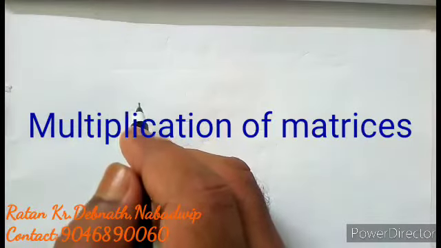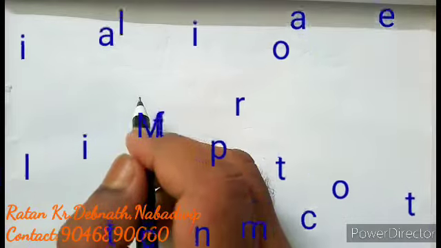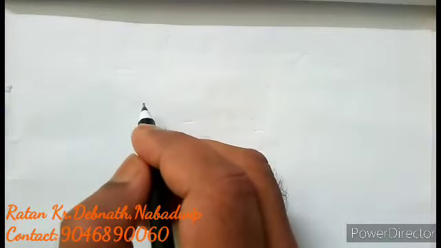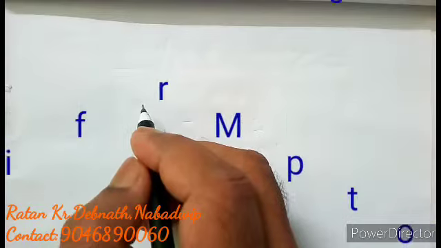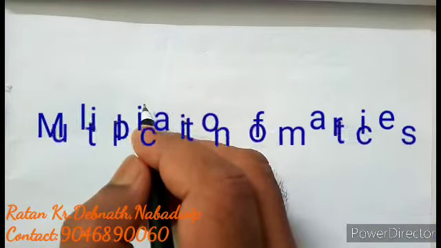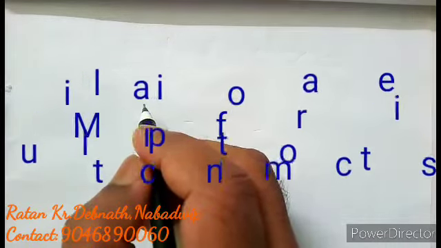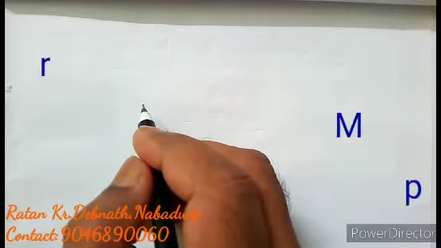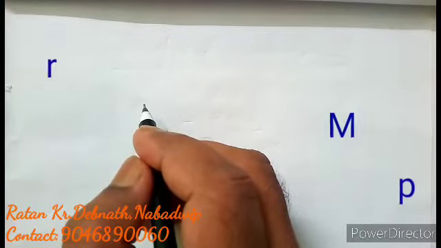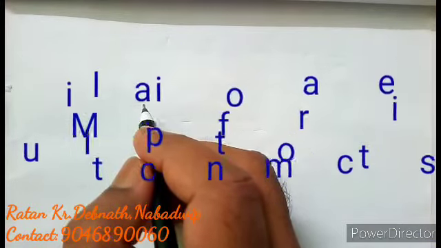You already know that matrix addition and subtraction is possible only when they are of the same order, but in the case of matrix multiplication this is not true. So listen to this very carefully.